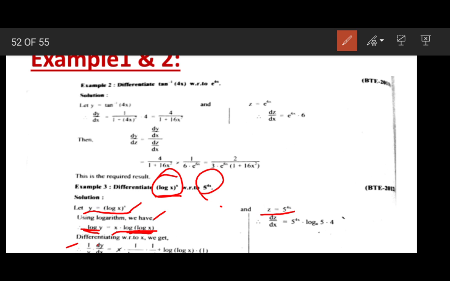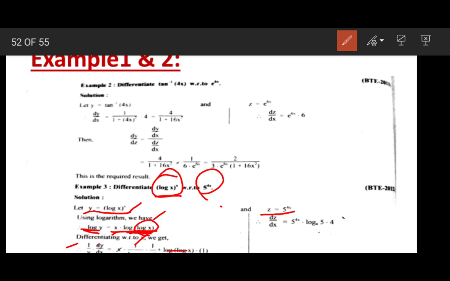Derivative of log log x will be 1 upon log x into derivative of log x, and derivative of log x is 1 upon x, plus log log x into derivative of x, and derivative of x is 1. So x cancels. So finally what we get? We get 1 upon log x plus log log x.